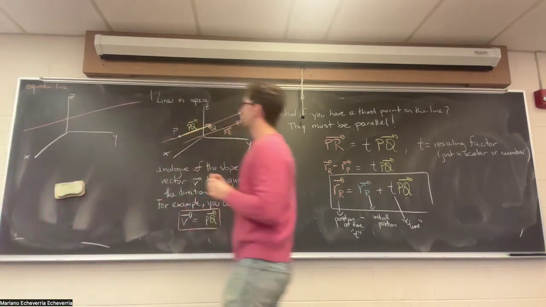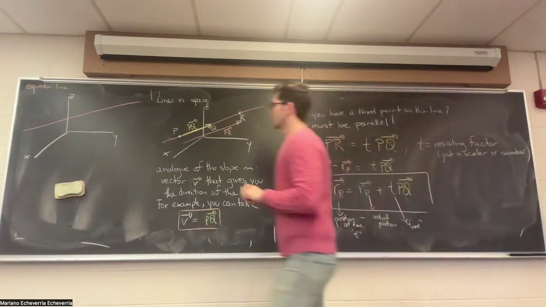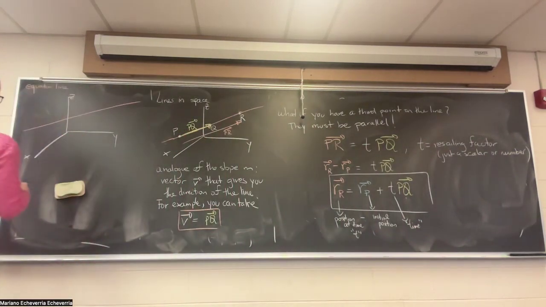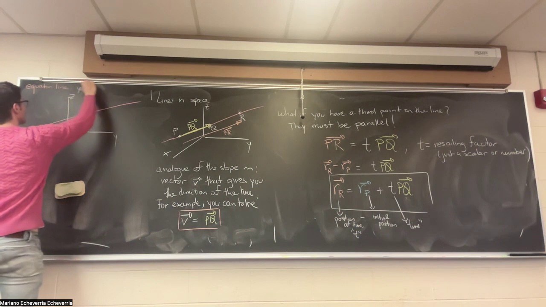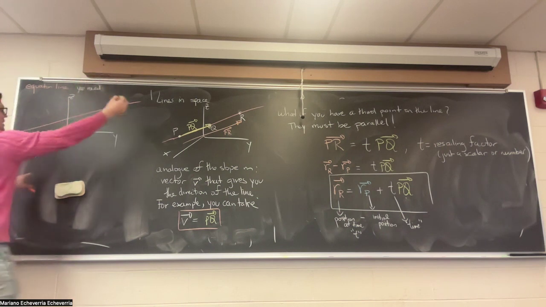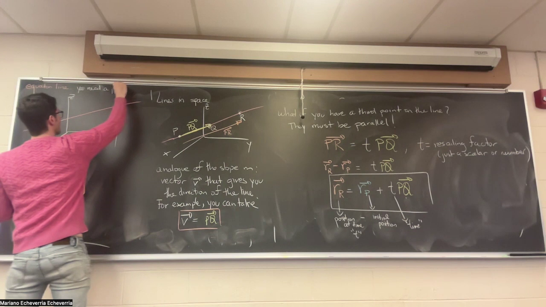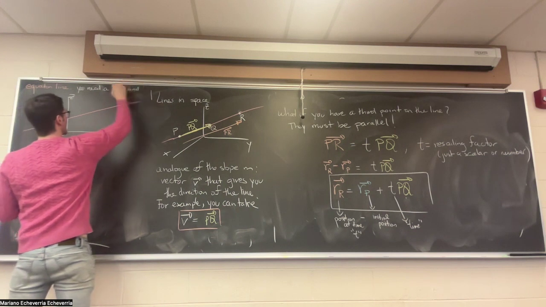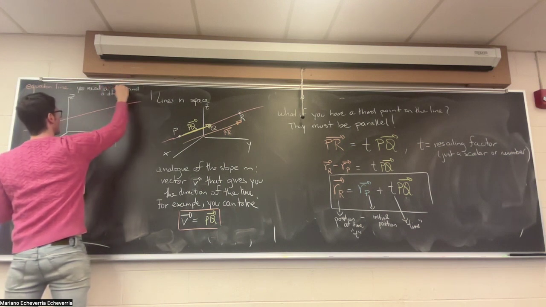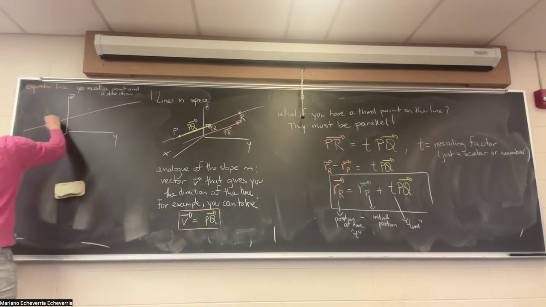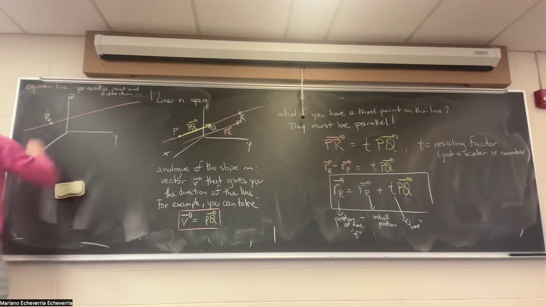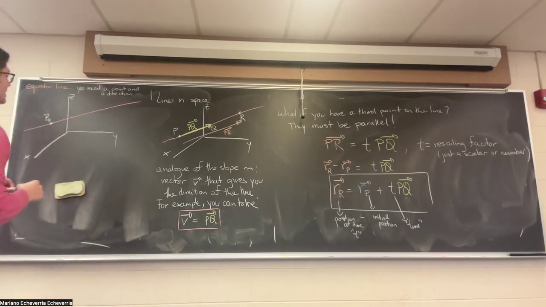For the equation of a line, there are two ways to think about it. You need a point and a direction. So let's think of this point as P naught, P sub naught, which was working as P there.